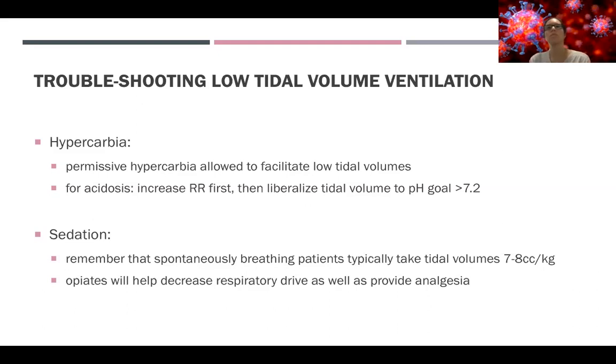We'll have an entire lecture from one of our amazing ICU pharmacists, Christy Phillips, on strategies for sedation, particularly in patients with COVID-19. But in particular, the use of opiates will help to decrease the respiratory drive and provide some analgesia.